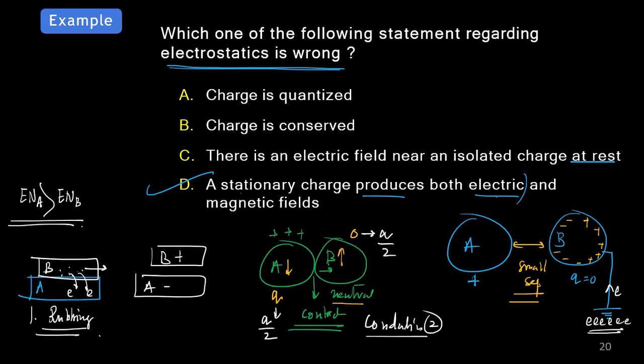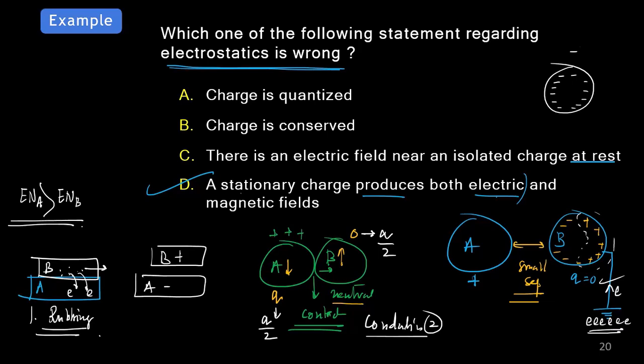From the earth, gradually the electrons will come inside body B, and ultimately all that positive charge will be neutralized. Once the positive charge is neutralized, we disconnect this wire and take out body B. Whatever charge was there initially on the left side becomes distributed throughout it.